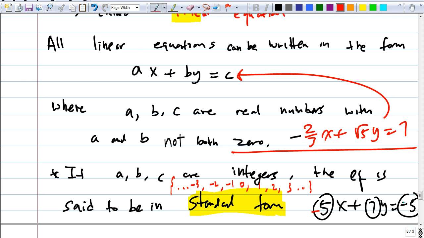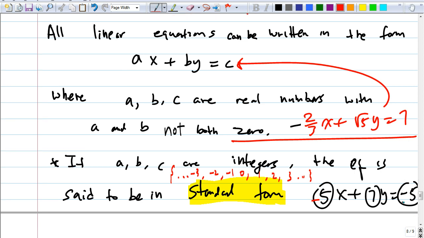It's a linear equation, but also it's in standard form. Remember that any equation in this form, if A, B, C are any real numbers, is a linear equation. But within linear equations, if A, B, C are integers, then it's called standard form. Okay. Any questions?